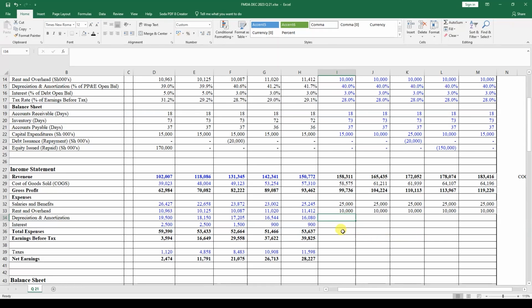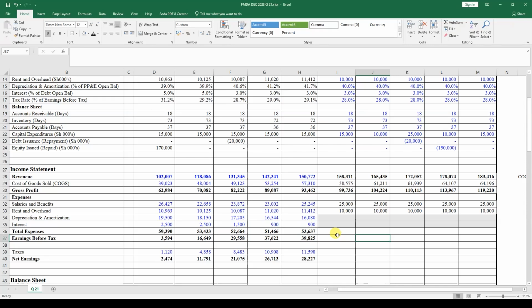As well, the interest right here is based on the opening balance. We do not have the opening debt balance given to us here. So we first of all leave those two alone, and we will model them a little later on. We put a faint color on them to show that we're going to come back to them a little later.